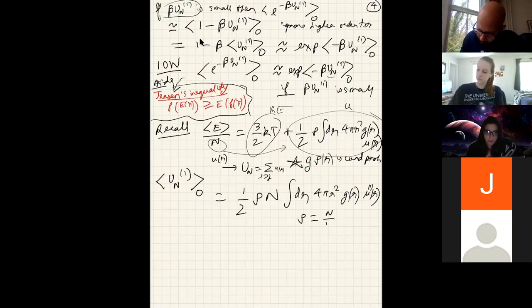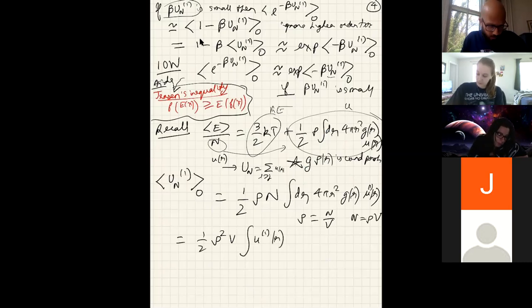Rho is n by v. That means n is equal to rho multiplied by v. So this thing becomes half rho, and n is rho v. So rho square v integral u1 of r, g of r, 4 pi r square dr.